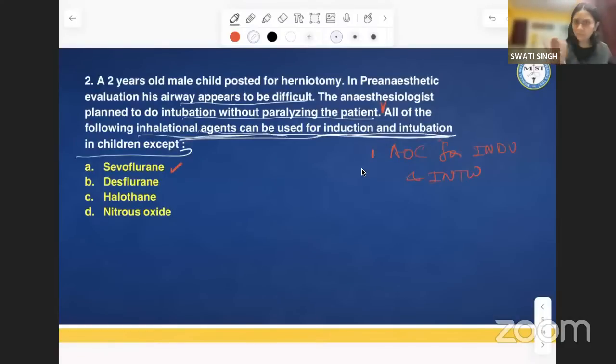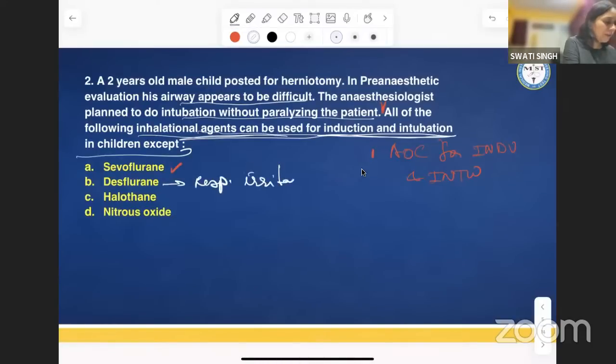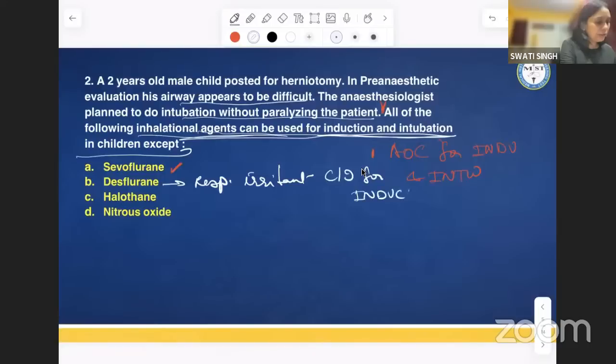So sevoflurane is best, undoubtedly. Desflurane is a respiratory irritant. And anywhere, if induction is mentioned, this is contraindicated for induction. So we don't use desflurane for induction. We never use desflurane for induction. Halothane, again, has a good smell.